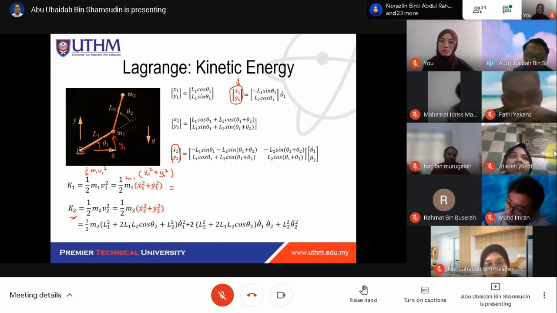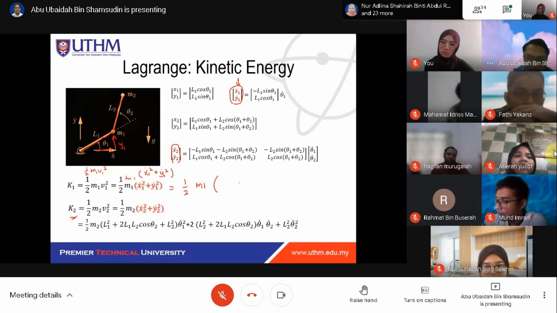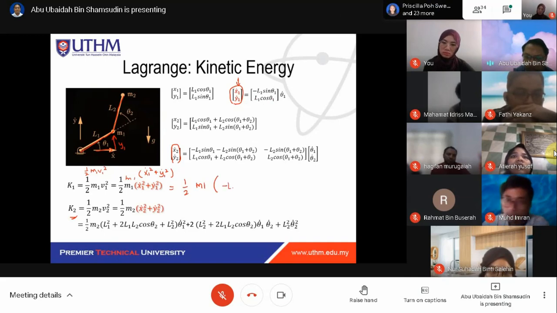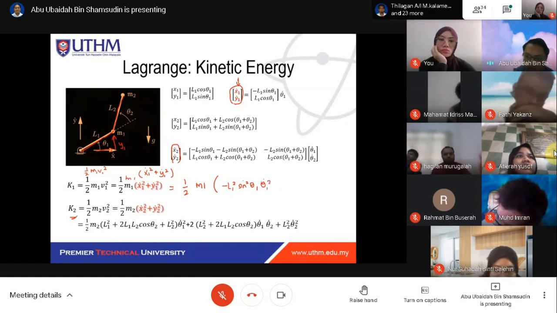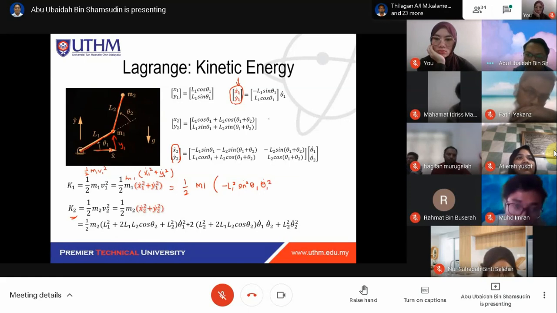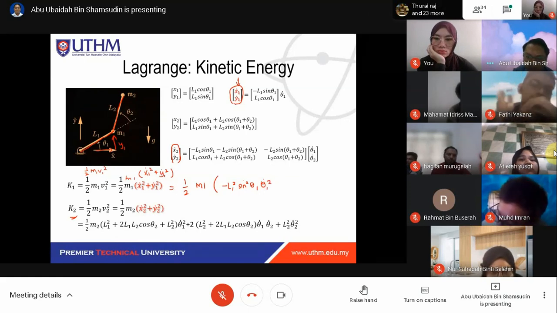And you just need to insert here. So you will get the answer will become m1 L1 powered by 2 sine powered by 2 theta 1, and we have this theta dot 1 powered by 2 plus y dot 1 powered by 2.